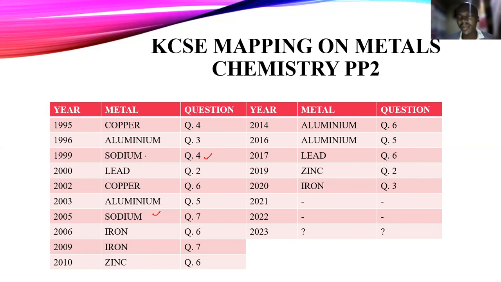Chemistry is the easiest subject in the whole world, and ensure that you understand. If you know that you are a weak student in chemistry, choose the topics that you can answer at ease.